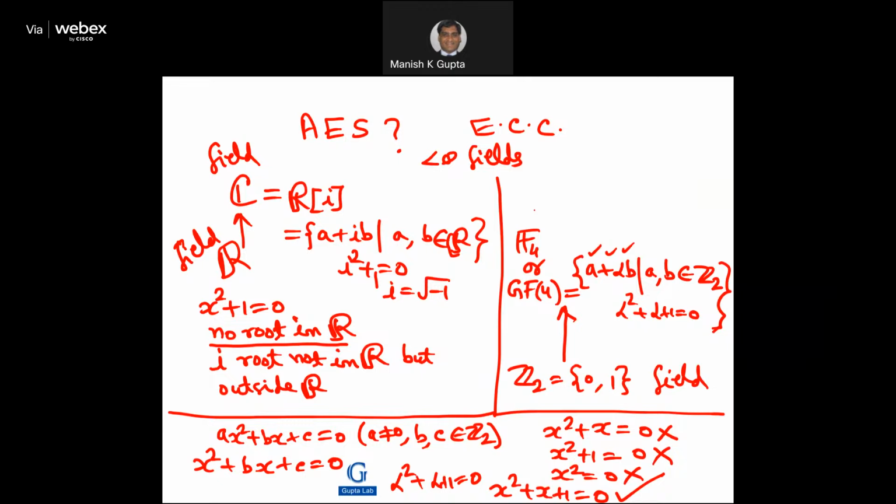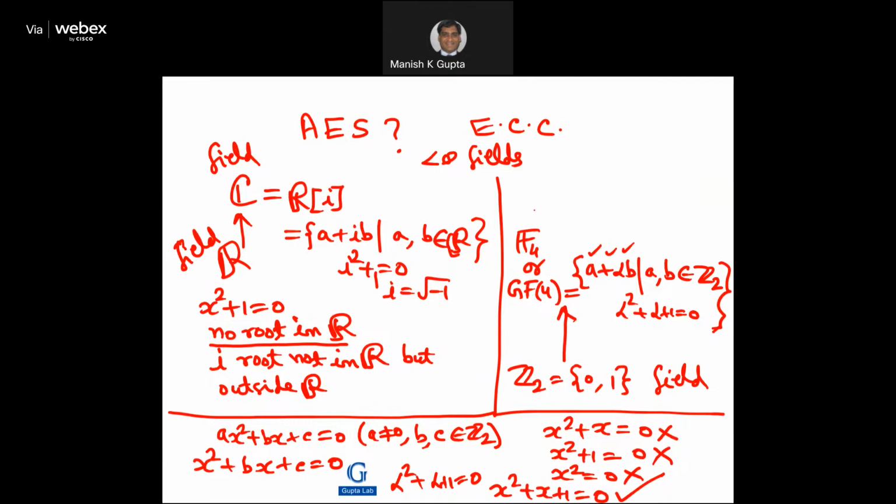The good thing here is that since a, b, c are binary, 0 or 1, except a is not equal to 0, I can write down how many equations there will be. 4. x square plus bx plus c will be the general form, and then b has two choices, c has two choices, total 4. So I can write x square plus x equal to 0, x square plus 1 is equal to 0, x square is equal to 0, and x square plus x plus 1 is equal to 0. All 4 equations. Now, whether these equations have a root over Z2: x square plus x, yes, this has a root, x equal to 0, right? Also x equal to 1 is a root here, right?